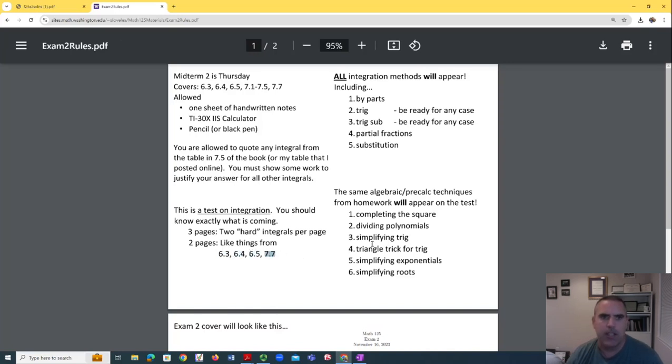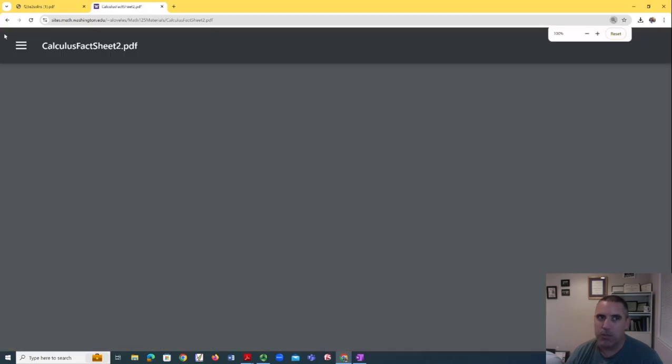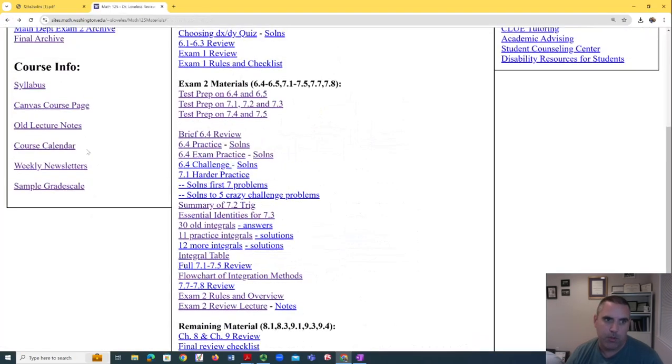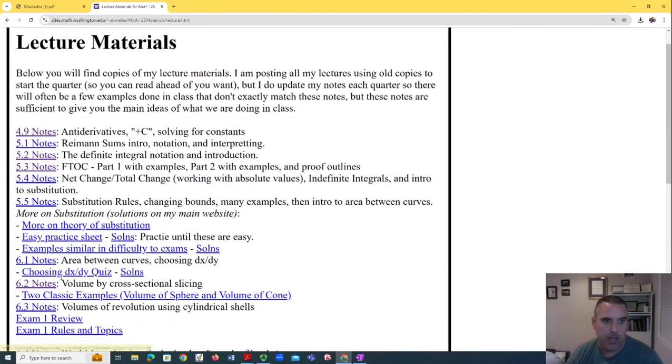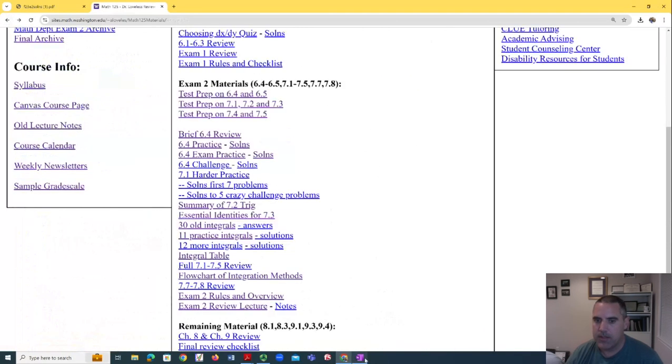There's this section 7A, an old review sheet about improper integrals. So I have reviews on all those things here. There's an integration table. There's lots of particular practice. If you've completely forgotten a topic, you can look back at old notes for that topic. So that's all stuff that's there.